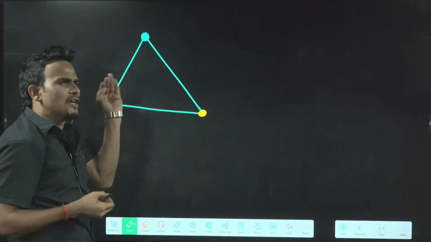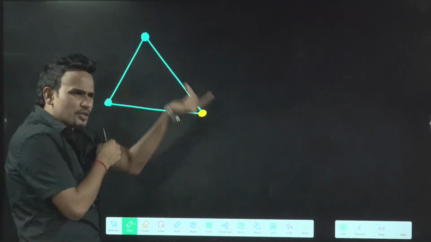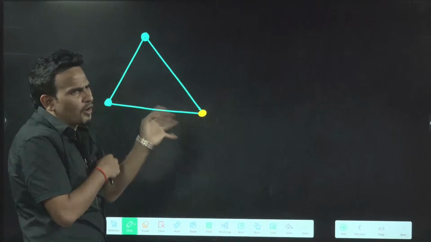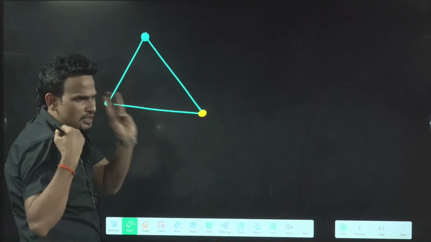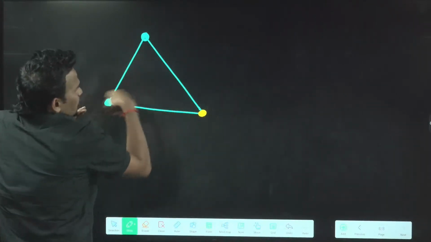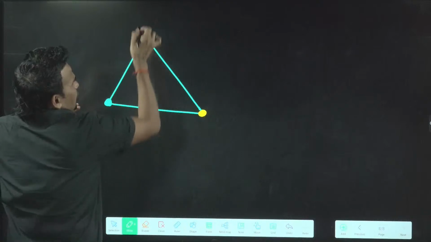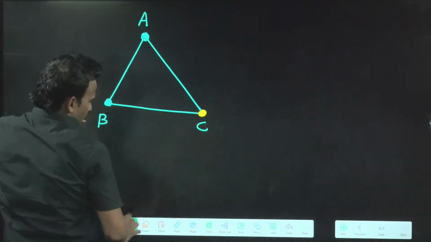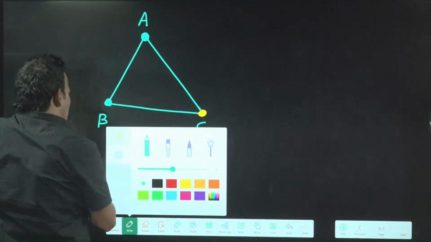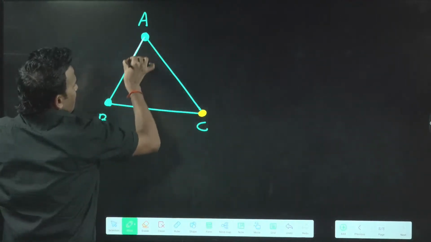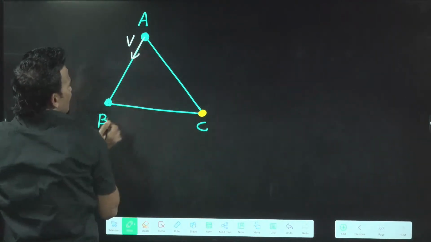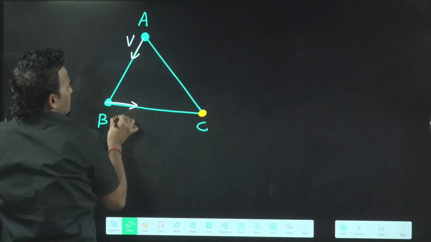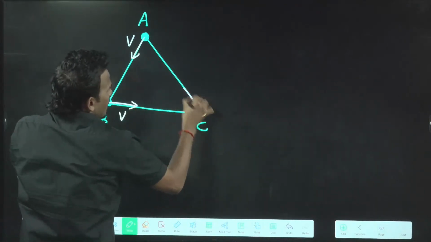I am starting with the equilateral triangle, then we will talk about square, hexagon, everything. Assume 3 particles A, B and C are at the 3 vertices, moving towards each other with the same speed. A is moving towards B with speed V, B is moving towards C with speed V, C is moving towards A with speed V.